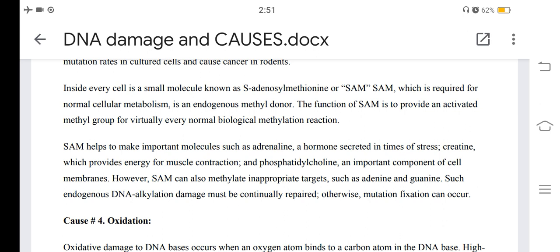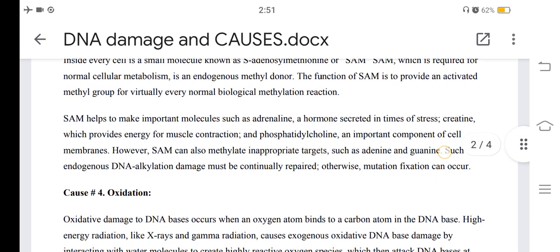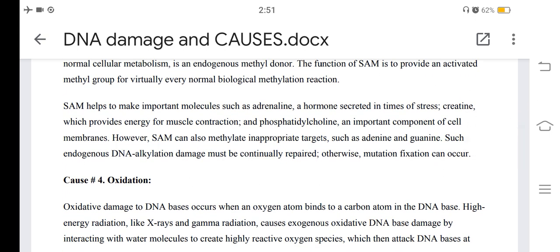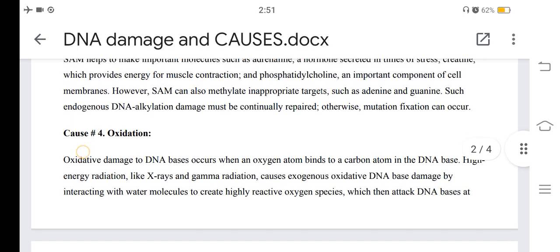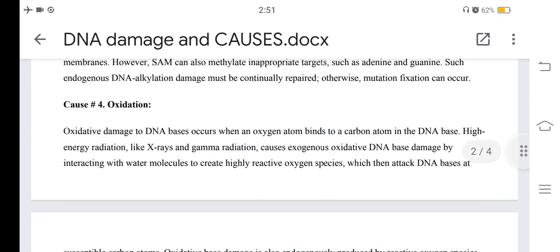SAM helps to make important molecules such as adrenaline, a hormone secreted in times of stress, creatine, which provides energy for muscle contraction, and phosphatidylcholine, an important component of cell membranes. However, SAM can also methylate inappropriate targets such as adenines and guanines. Each endogenous DNA alkylation damage must be continuously repaired, otherwise mutation fixation can occur.